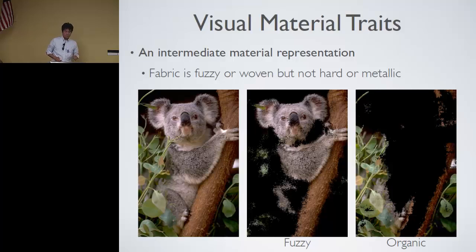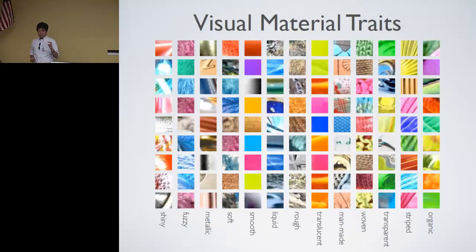Okay? Now, to give you a better idea of what these visual material traits that we're trying to recognize are, these are the local patches centered around each of the pixels that were actually recognized by our method as having that trait. Okay? So we defined 13 visual material traits from shiny to organic, and you can kind of get an idea of what I'm talking about.